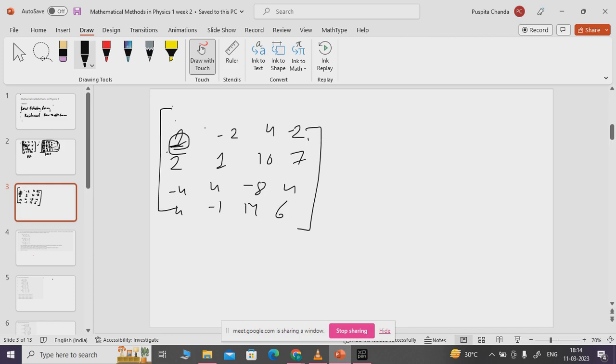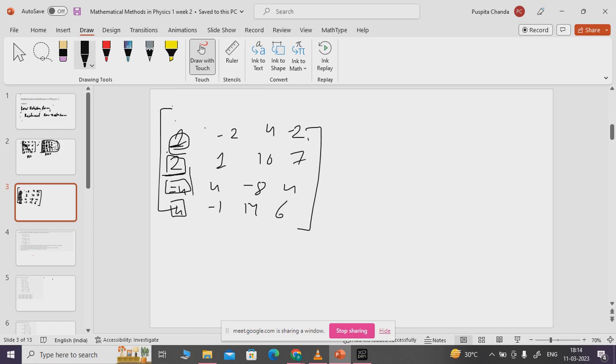So this is 2. It needs to be non-zero, but that has to be 0. Then this has to be 0 also, and this has to be 0 also. To make any matrix row echelon, we need to follow some steps.